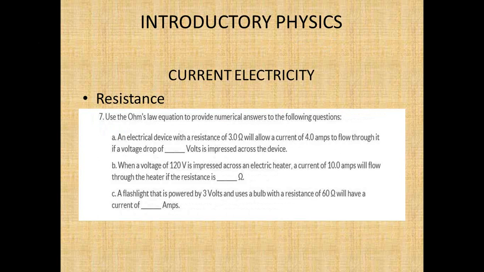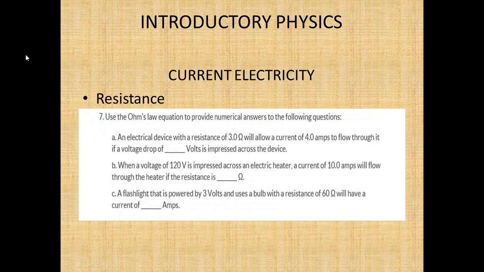And then question 7: use the Ohm's law equation to provide numerical values for the following questions. An electrical device with a resistance of 3 ohms will allow a current of 4 amps to flow through it if a voltage drop of how many volts is impressed across the device.